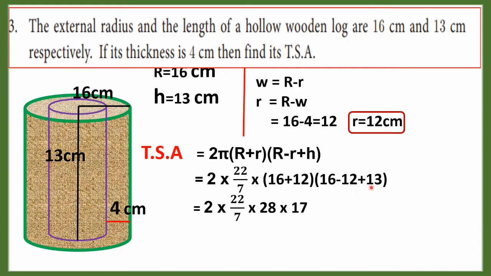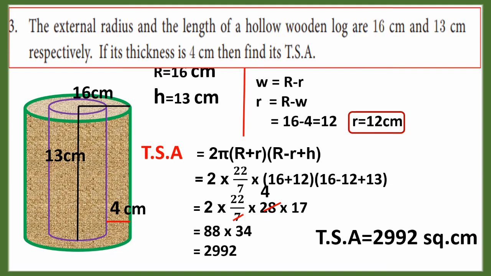So 4 plus 13 is 17. Just cancel the 7 and 28, what happened? 4. So easily you can multiply this 22 into 4 as 88. 2 17s are 34. 88 into 34 is 2992. So TSA equals 2992 square centimeter.